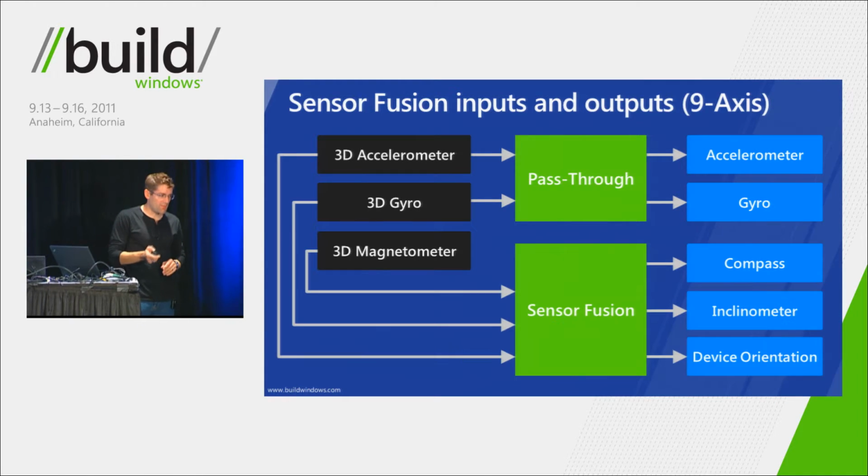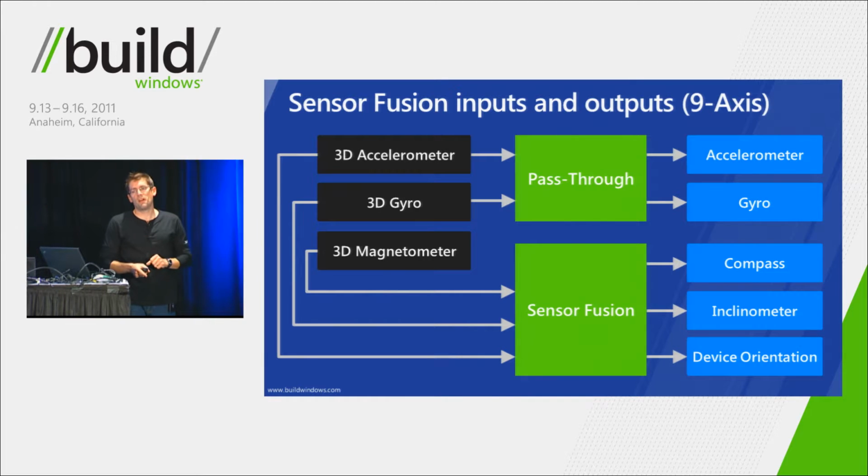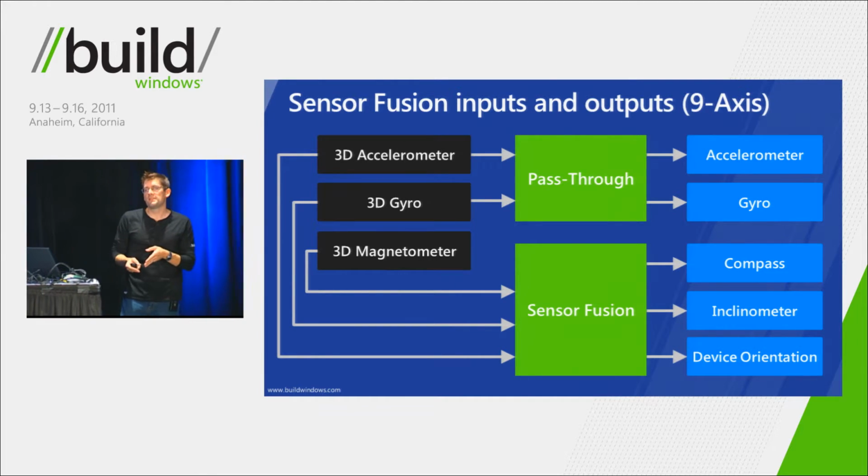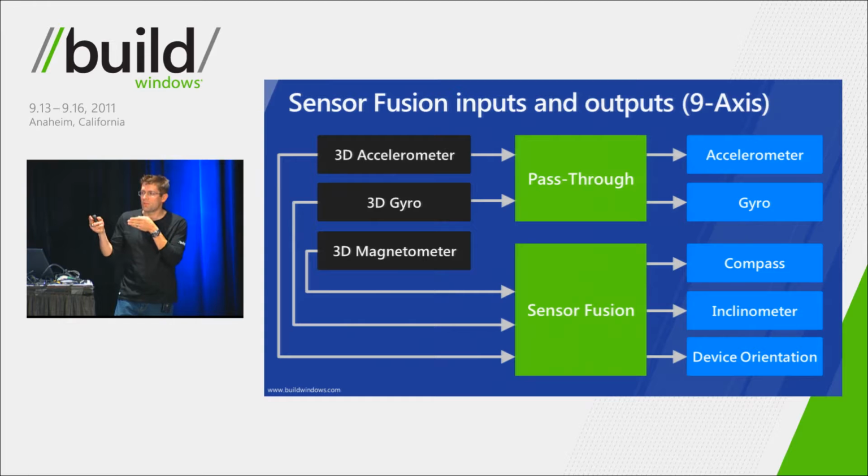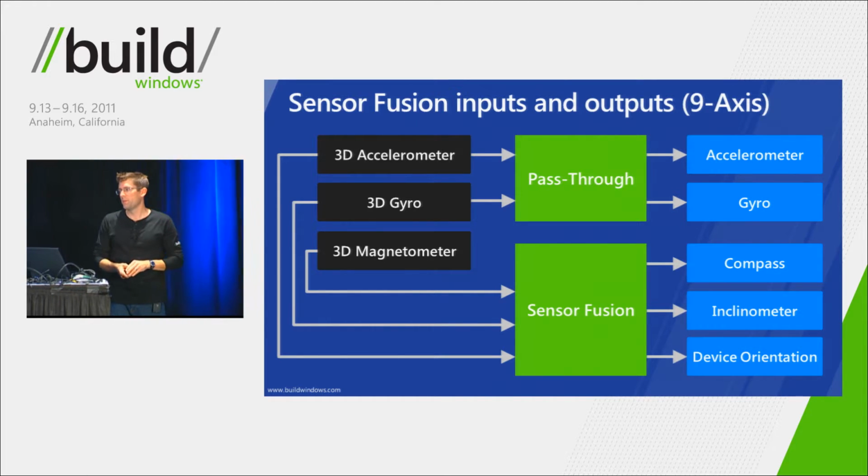The real magic happens when we use sensor fusion to tie these inputs together. So the blue boxes on the right-hand column all represent sensor objects that you can use directly in the Windows runtime. The compass is the first sensor fusion sensor I want to talk about.